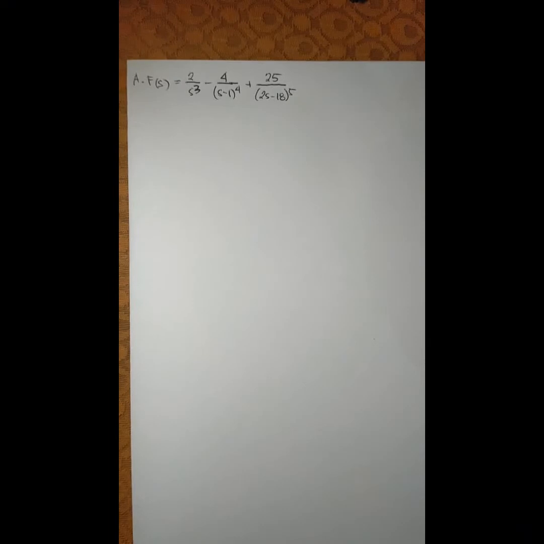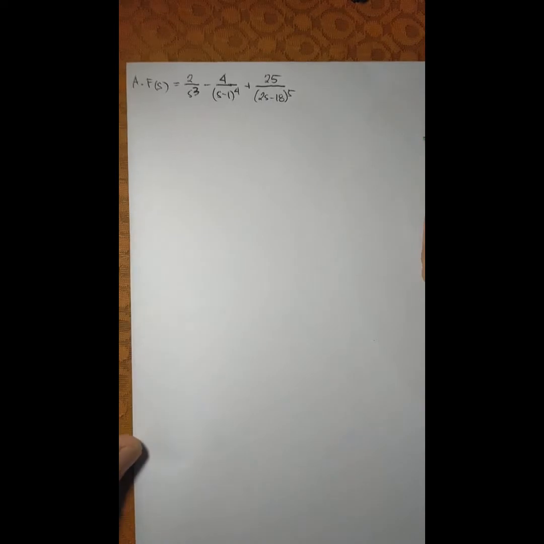In our letter A problem, we have F of s is equal to 2 over s cubed minus 4 over (s minus 1) raised to 4 plus 25 over (2s minus 18) raised to 5.